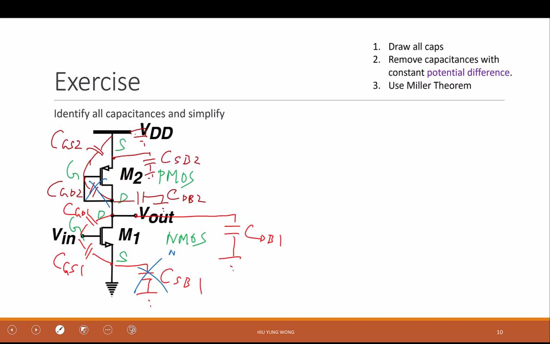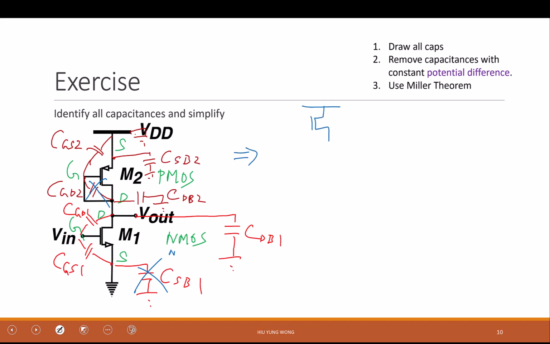But the most tricky one is this one, difficult to see. I claim that I can combine this with this. Do you agree? I can combine CGS2 with CDB2 or CDB1. Do you see that? Just look at the terminals. Both of them have that connected to D. Yeah, this is G, but this is shorted, right? So this is D. And this is connected to VDD, but VDD is grounded, right? So I can make this into something like this.